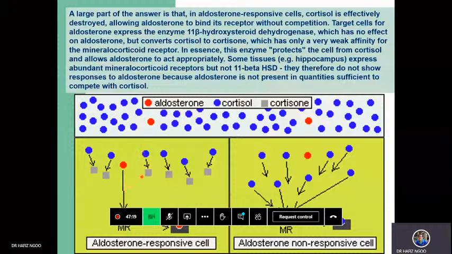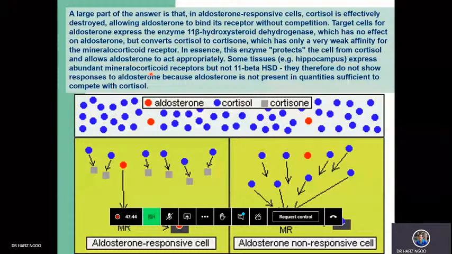The second reason is the hydroxysteroid dehydrogenase that converts cortisol to cortisone. The third reason is that the mineralocorticoid receptor can discriminate between aldosterone and glucocorticoid, as aldosterone dissociates from the mineralocorticoid receptor 5 times more slowly.